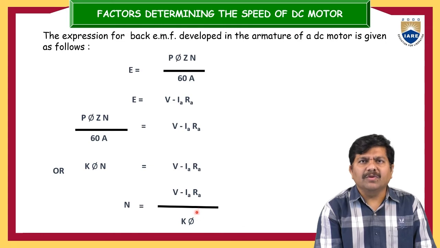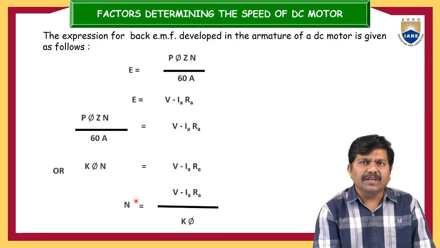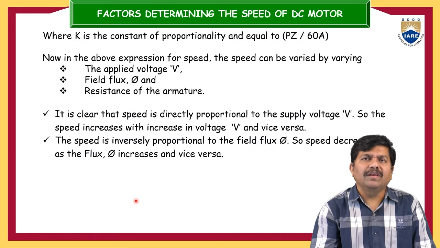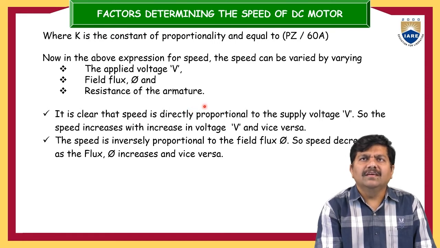In the armature circuit, if Ia increases or decreases, speed will also vary. If Ra increases or decreases, speed will vary. If flux increases or decreases, speed will also vary. So broadly, speed is a function of three parameters: the supply voltage, the armature circuit and the field circuit.